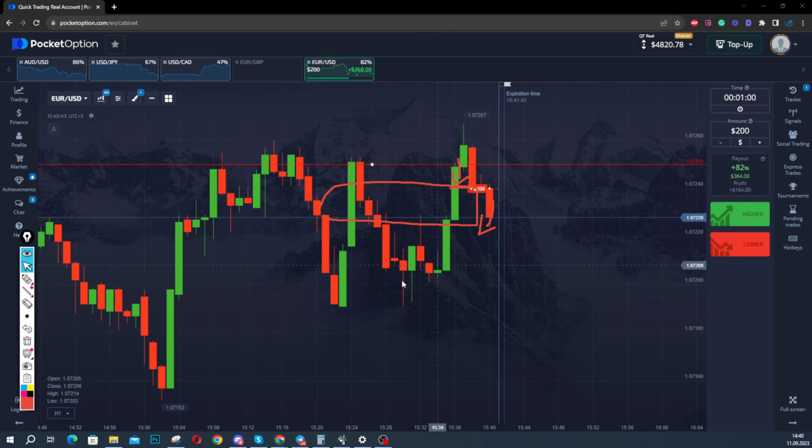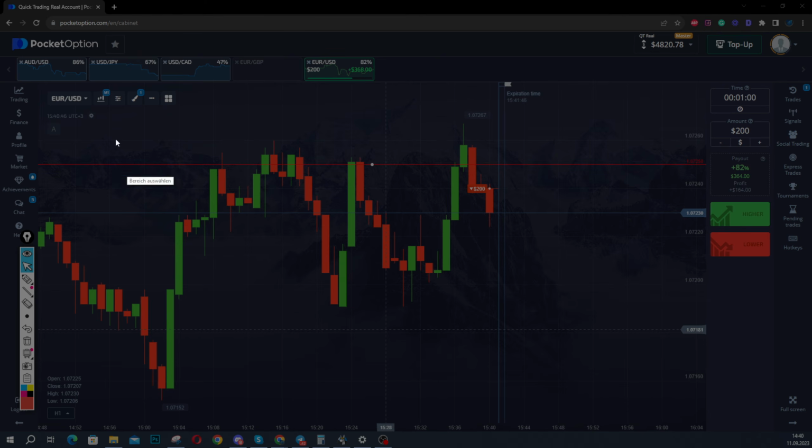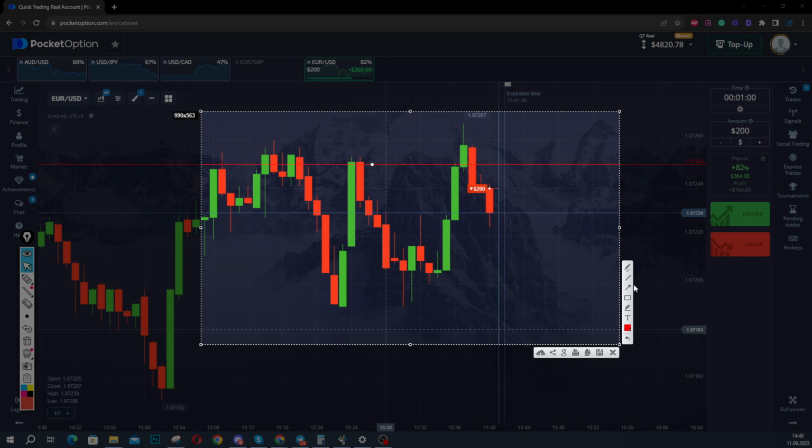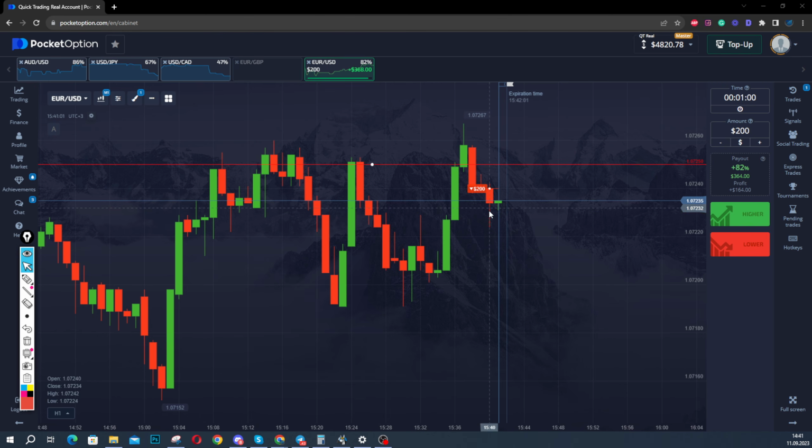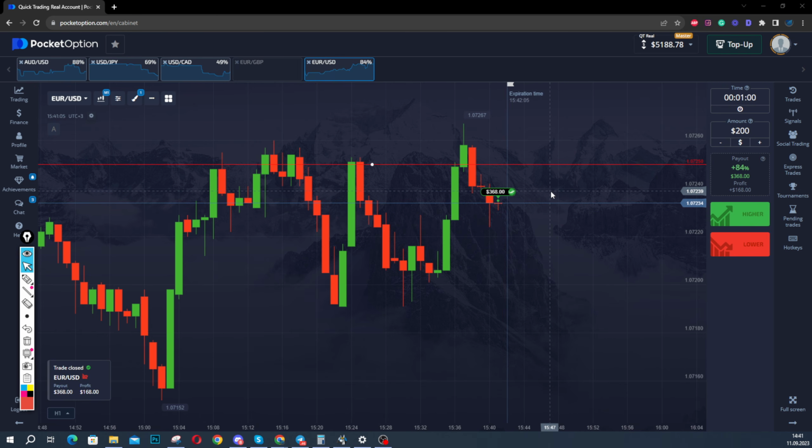So we go in a short trade. Here, see it. Rejection, then comes the small candle here with a wick, and we trade down. Do we got our trade? Yeah, guys, we got it.